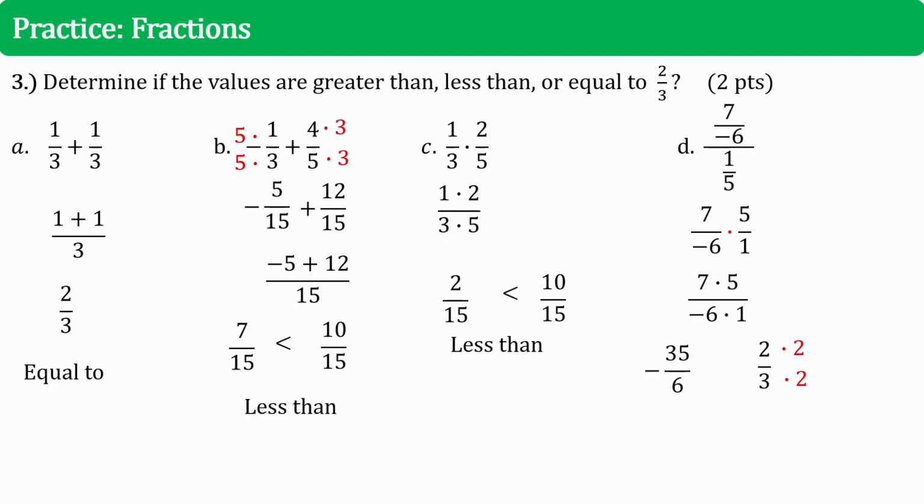The 2/3 turns into 4 over 6. It's not 12 over 6, 4 over 6. But that wouldn't matter because when it is 4 over 6, it is still going to be less than, because the negative 35 over 6 is a negative number. It's always going to be less than a positive value.